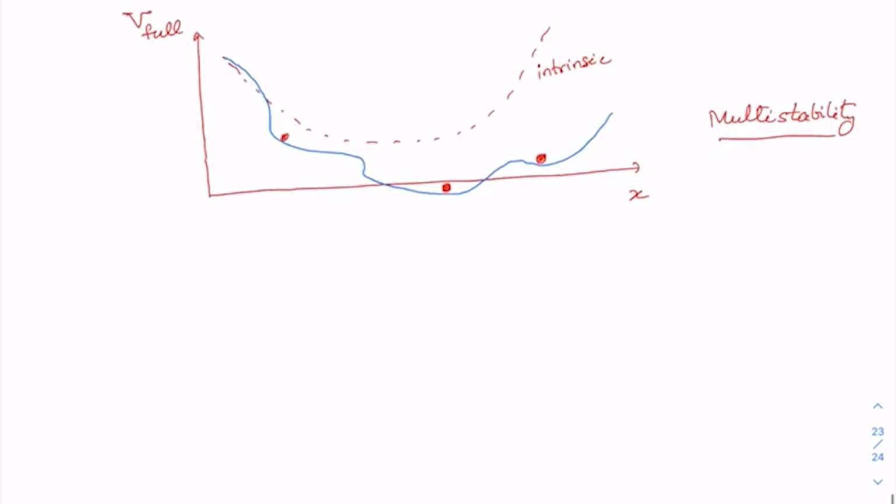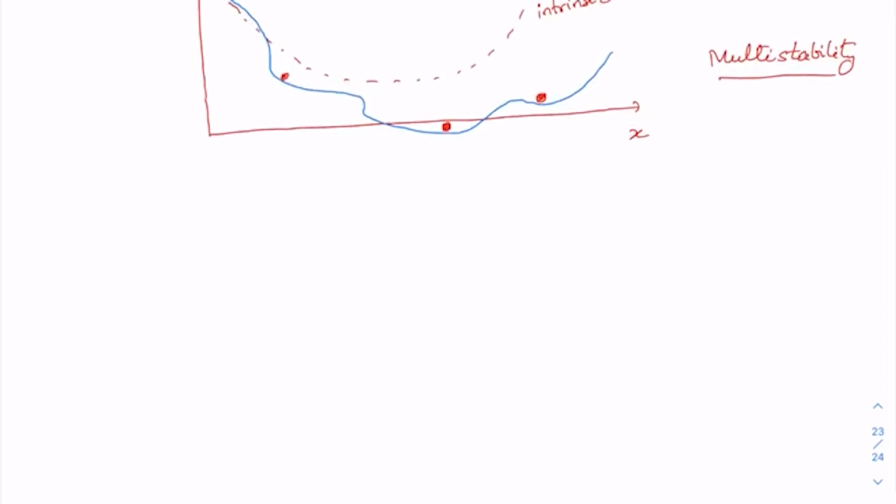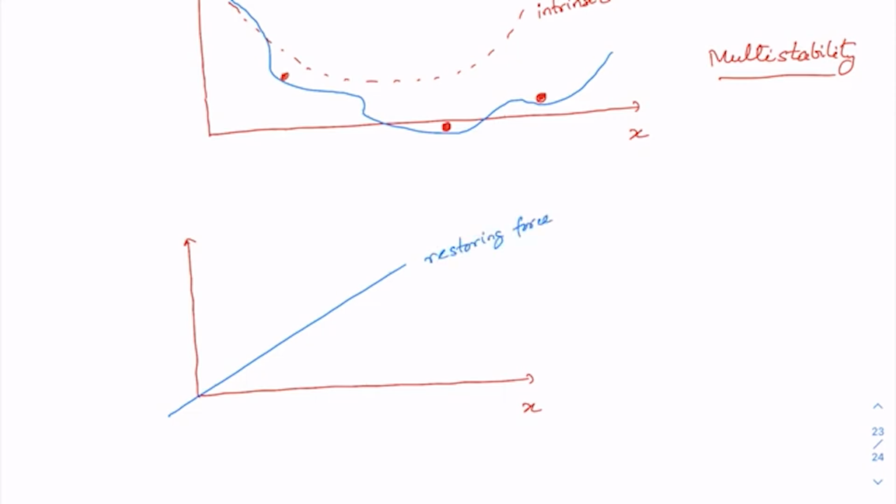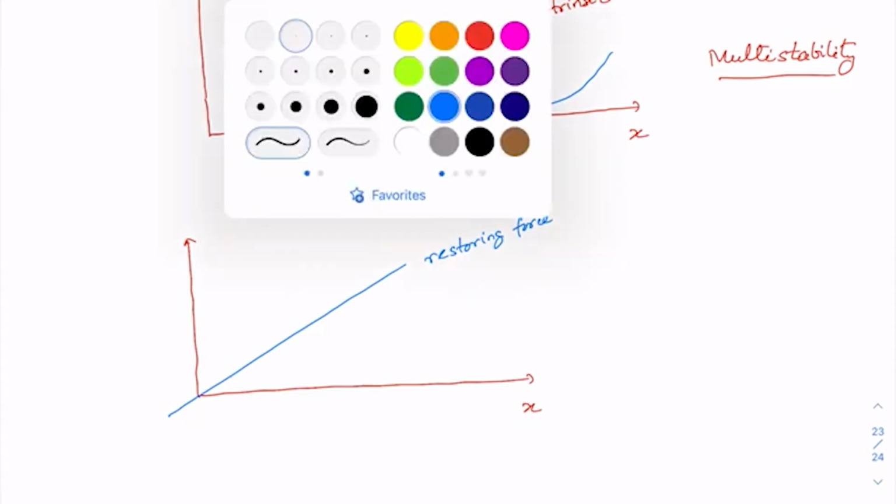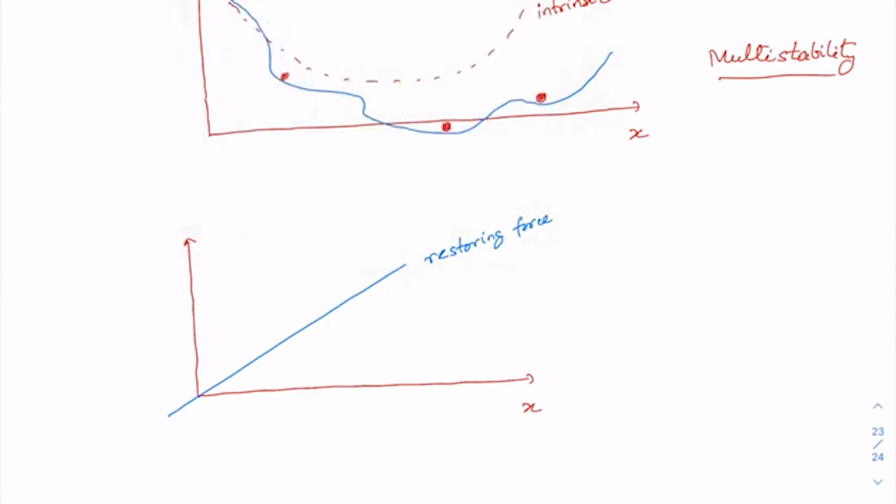A typical plot of restoring force in a cavity optomechanical system: say this is my position, and the restoring force is directly proportional to position. So you will have this as the restoring force, and the radiation pressure force would be like this.